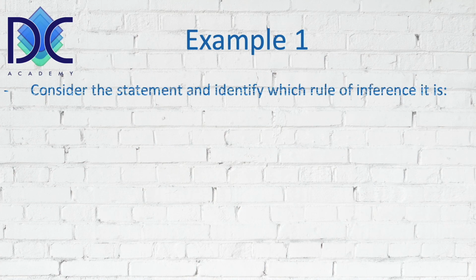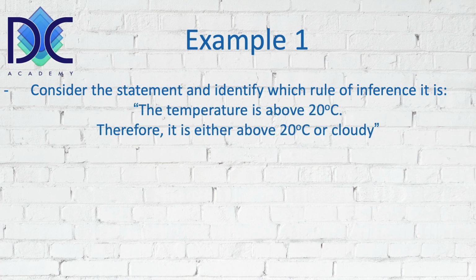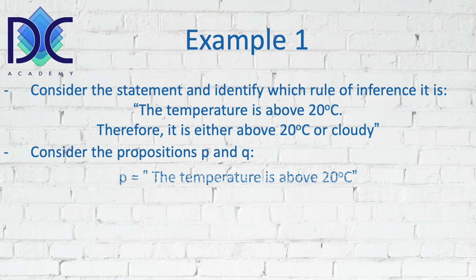Example one. We have the statements here, and we want to find the rule of inference. The temperature is above 20 degrees centigrade, therefore it is either above 20 centigrade or cloudy. We look at the two propositions P and Q: P is the temperature is above 20 degrees centigrade, and Q says it is cloudy.